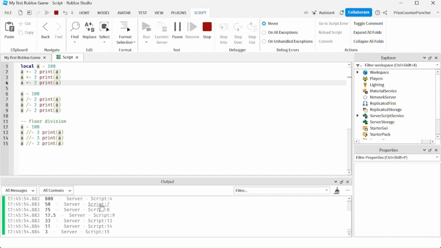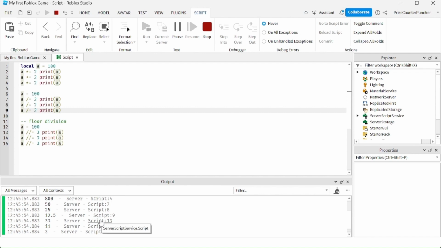In the next section here, we start out from 100, we divide by 2 each time, so it goes to 50, 25, and then 12.5, because 25 divided by 2 is 12.5.